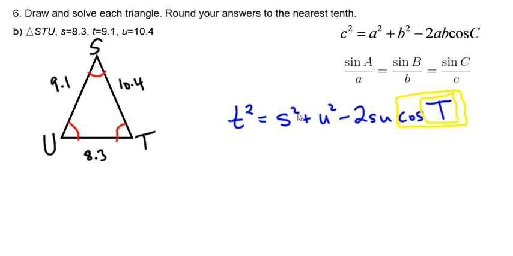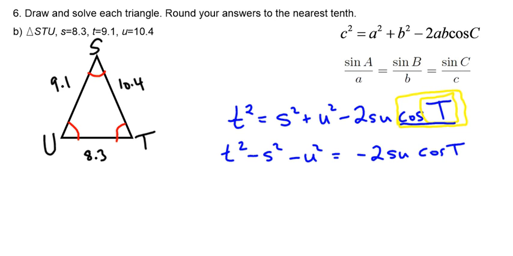So I'm going to get rid of s squared plus u squared because they're just both added or subtracted to this cosine expression. So t squared minus s squared minus u squared will equal negative 2su cosine t. And again, I'm going to put that yellow box around the cosine t because that's my goal, to isolate that. So it's good to focus on it.